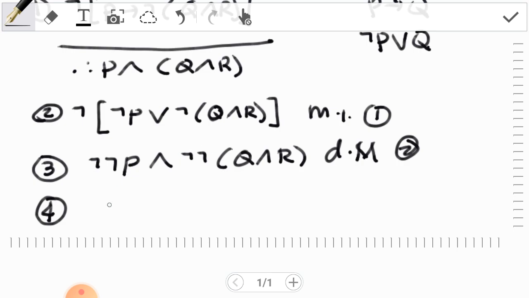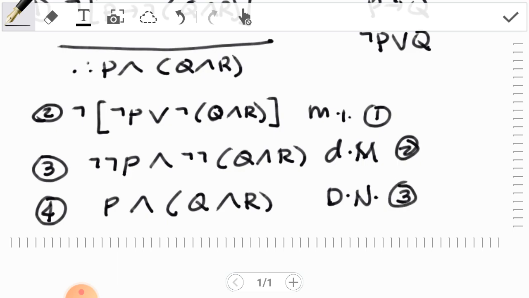This will also be a double negation, which now results to P and Q and R, which is the desired conclusion. So this is our double negation for line number 3. So that's the solution for problem number 1.